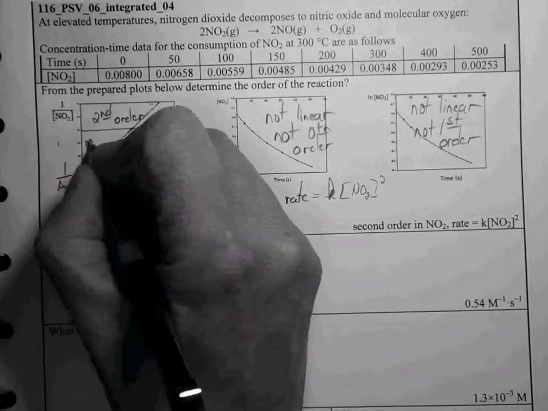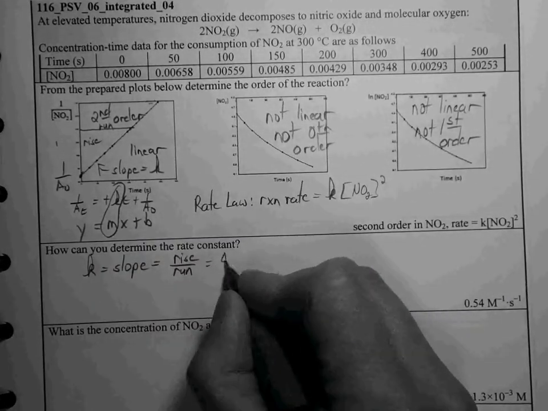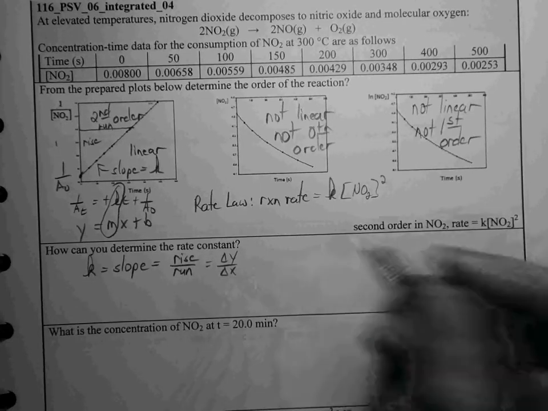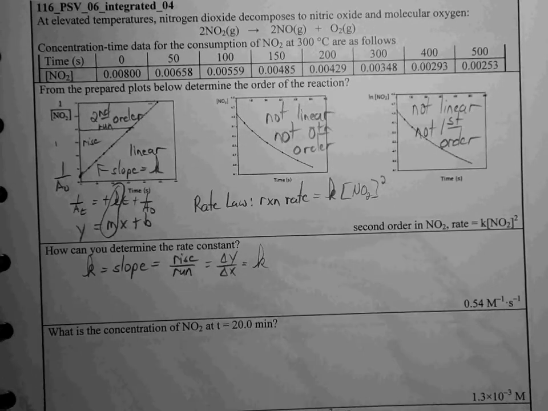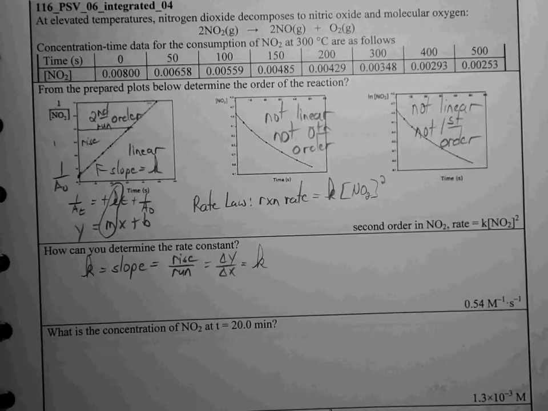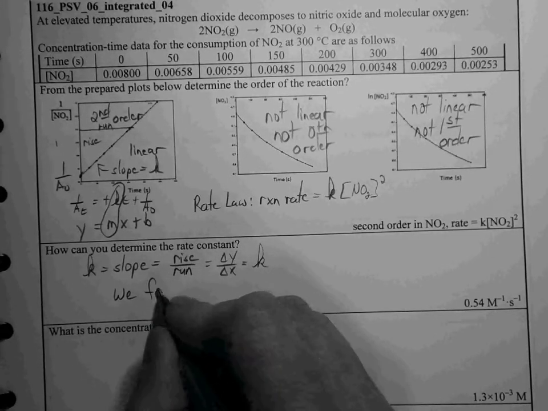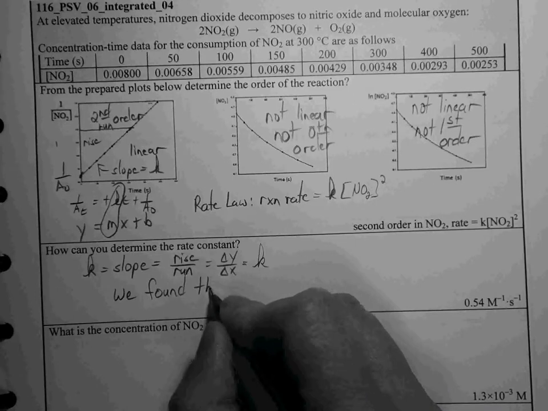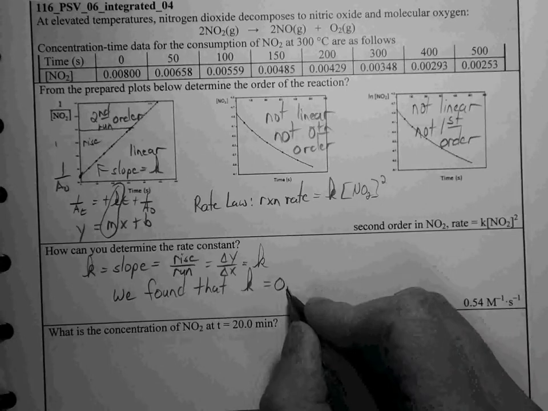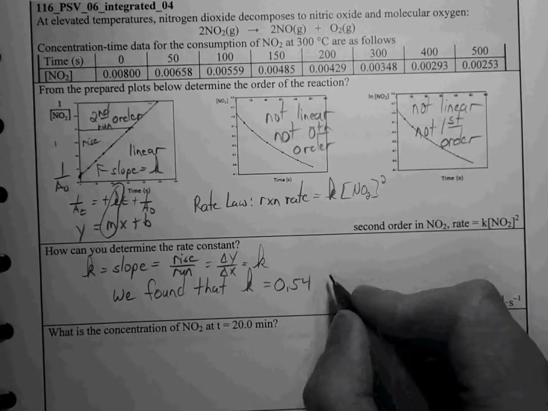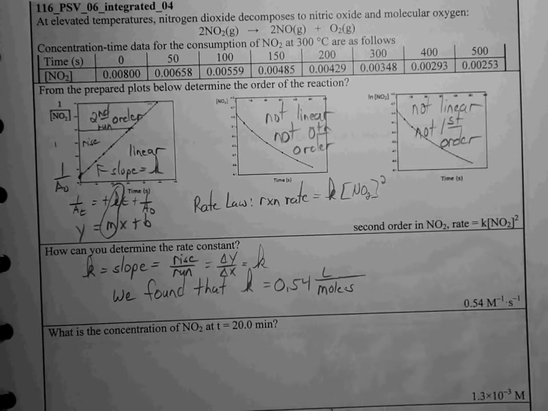We would measure delta y over delta x, and that would correspond numerically to our value of k. Let's suppose we did this, and we would find that our value of k would be equal to 0.54, the units being liters per mole second.